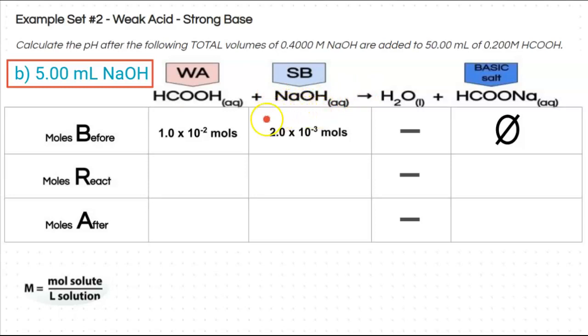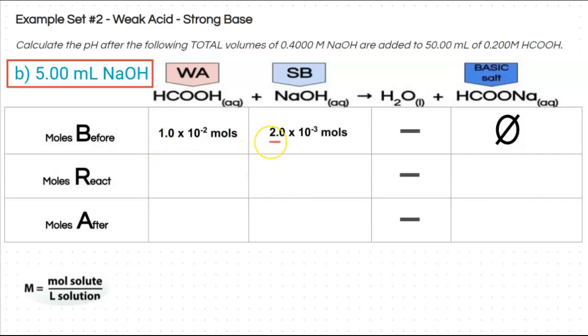Anytime we look at chemical reactions, we have to be working in the mole units. So to find the moles for my acid, I took the 0.2 molar, just as we discussed in the first slide. I put 0.2 molar in for the concentration of my acid. For the volume of my acid, I plugged in 0.05 liters, and that multiplied to give me 1 times 10 to the negative 2 moles of acid.